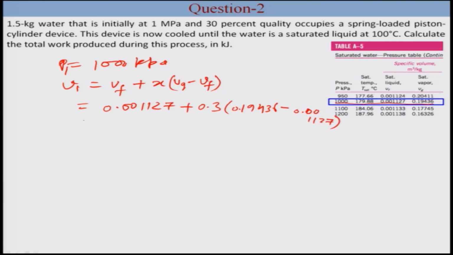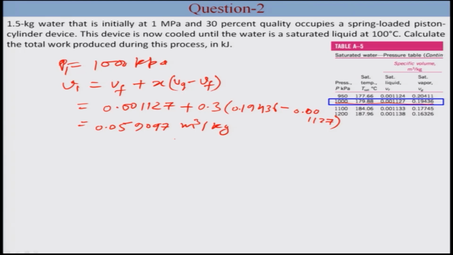Okay, so from here we get V1 equal to 0.059097 meter cube per kg.